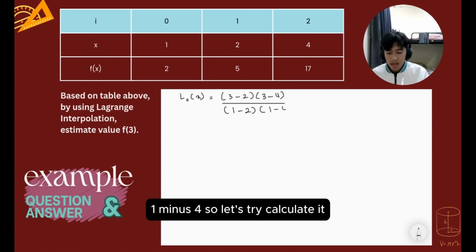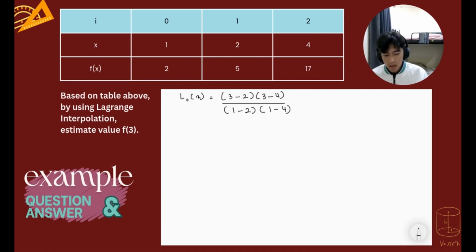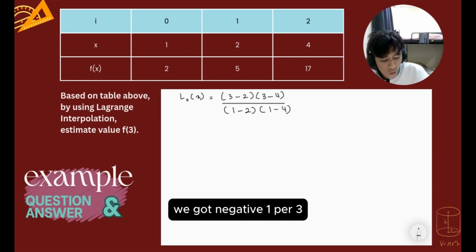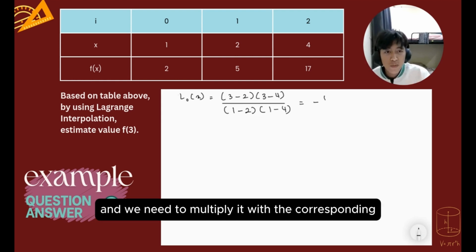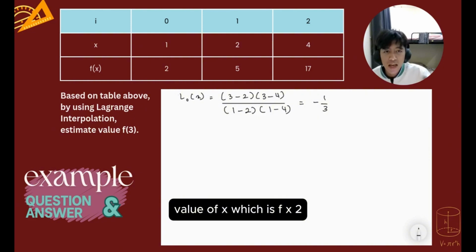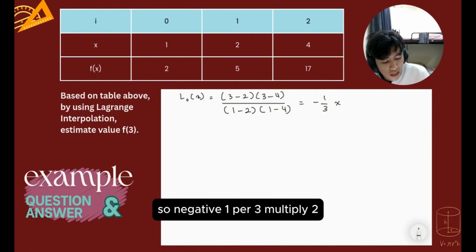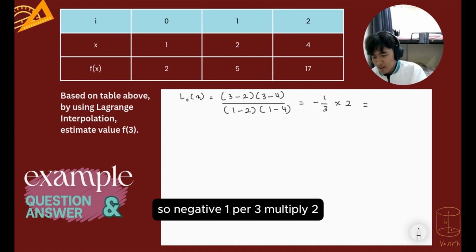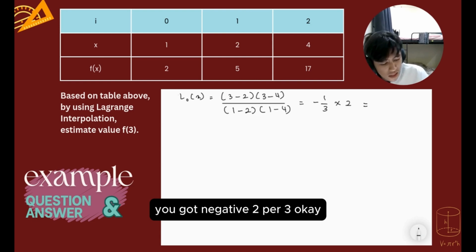Let's calculate it: (3 minus 2)(3 minus 4) divided, and we get negative 1/3. We need to multiply it with the corresponding value, f(x0), which is 2. So negative 1/3 multiplied by 2 gives negative 2/3.